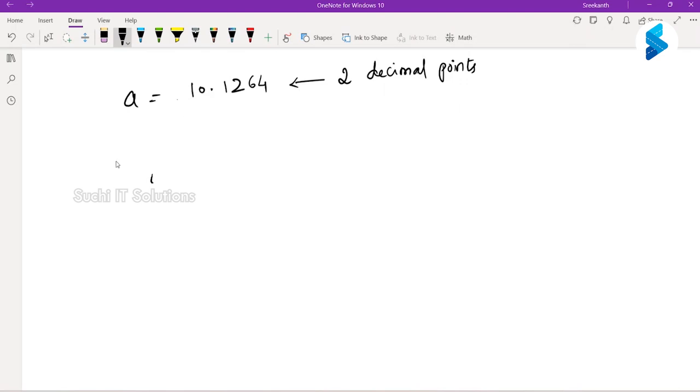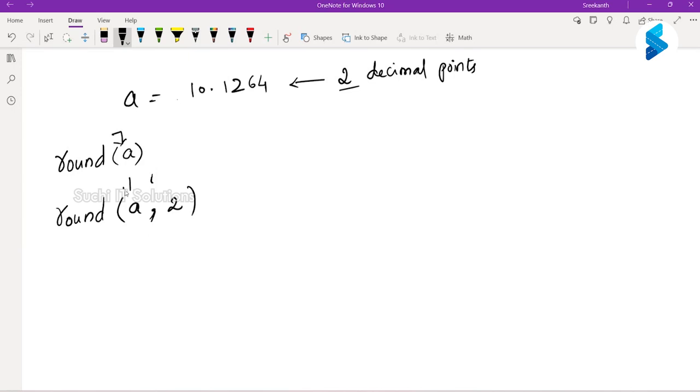So we have a function called round, and we can pass data to it. It will try to round the number. Since I want 2 decimal points, I'll say comma.